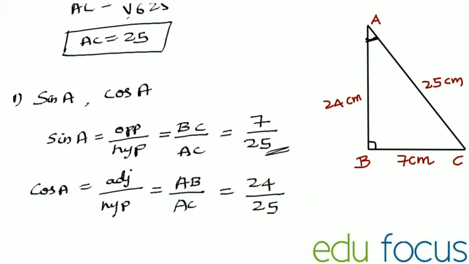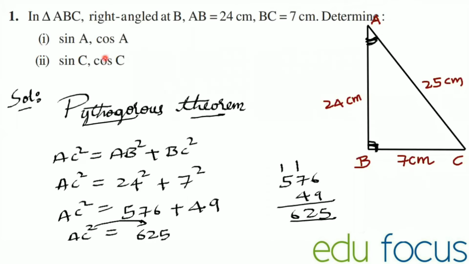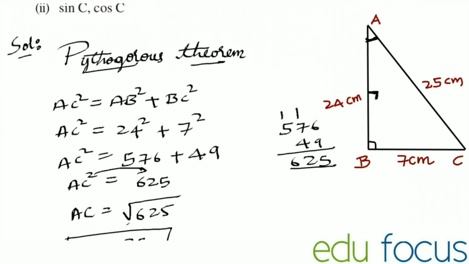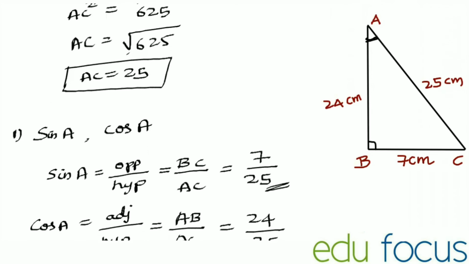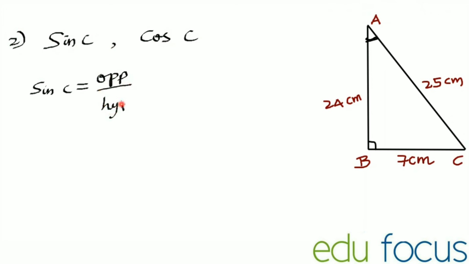Now let us find the other question, which is sin C and cos C. Second sub question, sin C and cos C. Sin C, so we have to consider from this angle. Sine is nothing but opposite by hypotenuse.